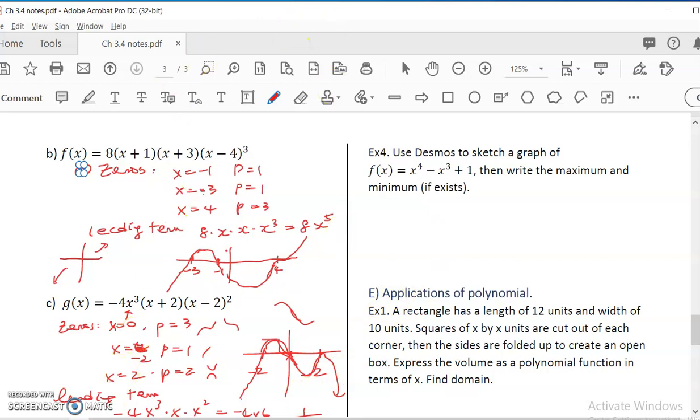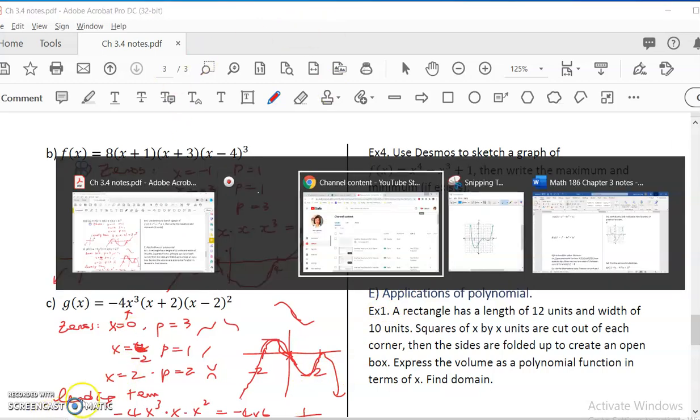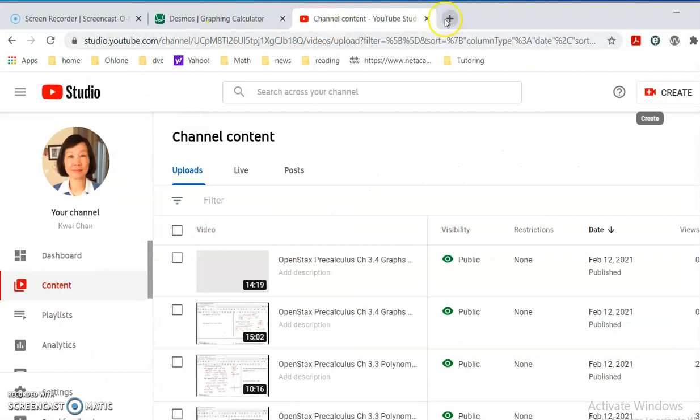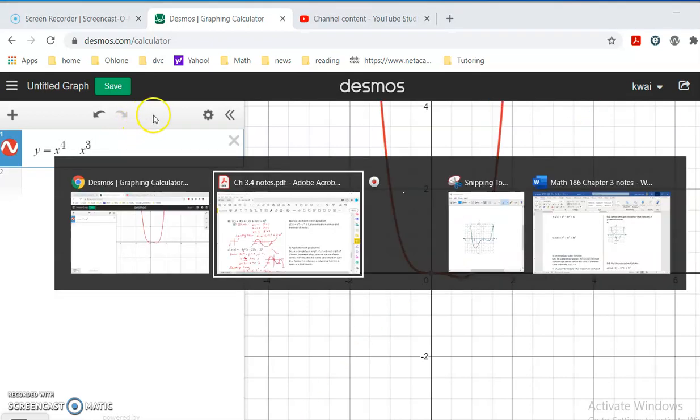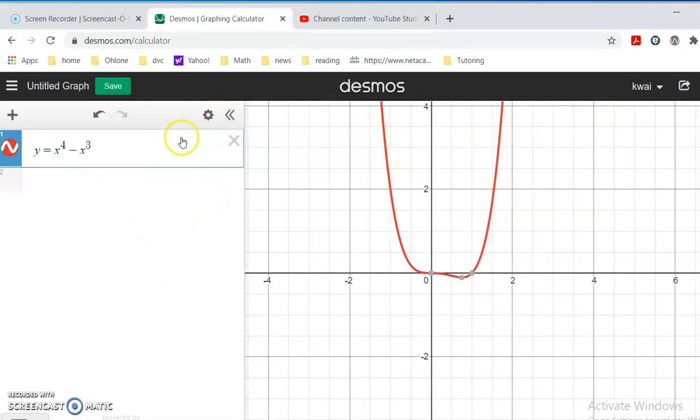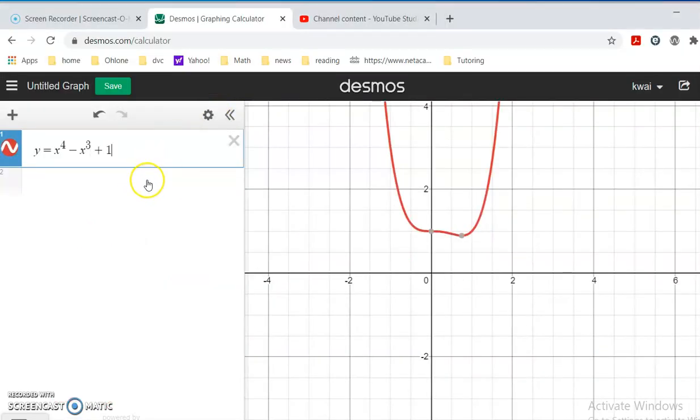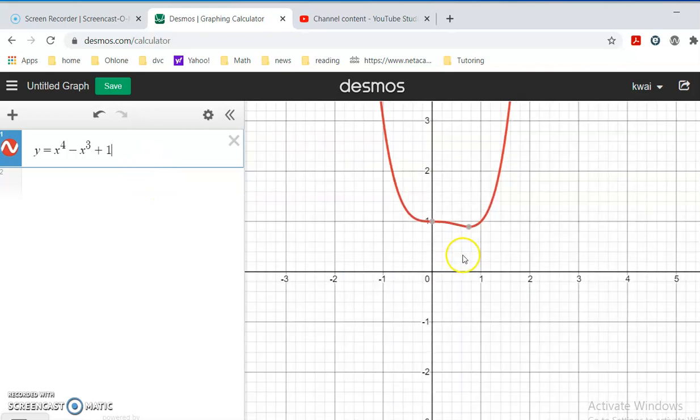So I'm going to use a decimal, right? So y equals x to the 4 minus x to the 3rd plus 1. So this seems to be the local one. It's hard to see.